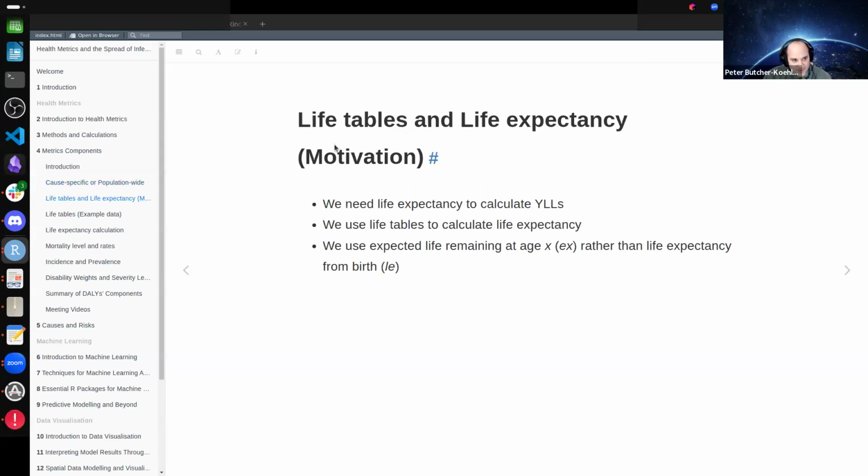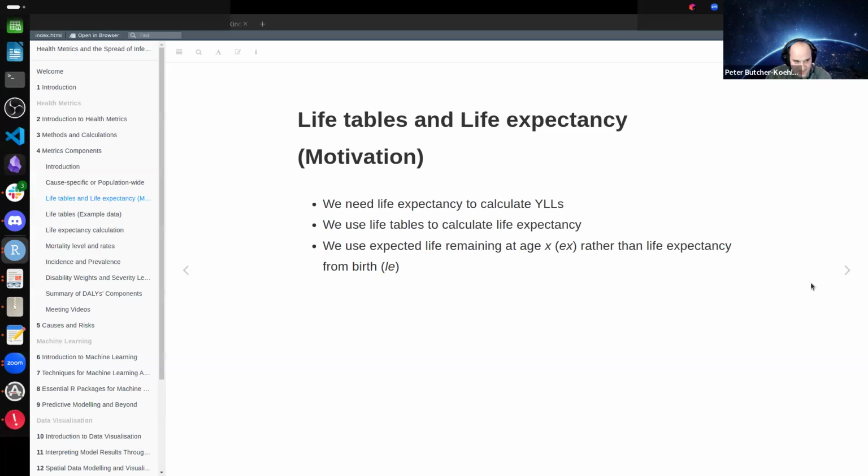So we'll start with life tables and life expectancy, and the motivation behind this is that we're trying to build up, as I was saying, to calculating DALYs. So we're starting with life expectancy, which we can use to calculate years of life lost. So we want to use the expected life remaining at age X rather than the life expectancy at birth.